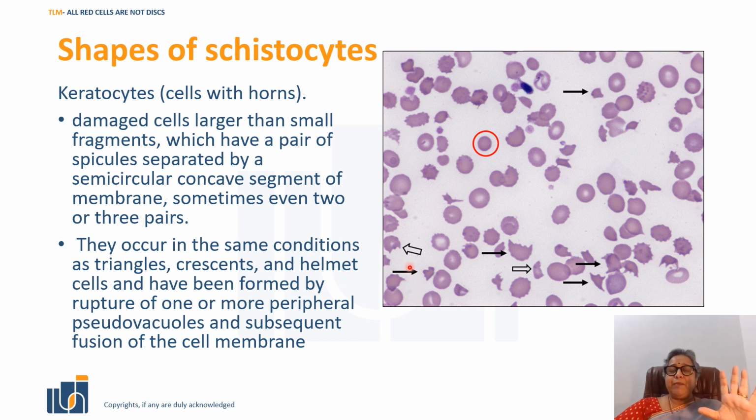They occur in the same conditions as triangles, crescents and helmet cells, and have been formed by rupture of one or more peripheral pseudovacuoles and subsequent fusion of the cell membrane. So something from here has just gone away, something from here has just gone away. That is the remaining part of the red cell, which is a fragment.